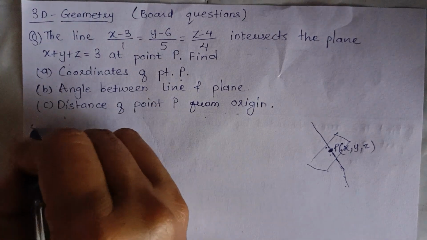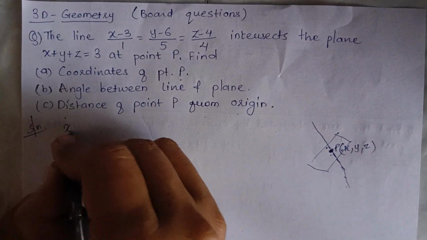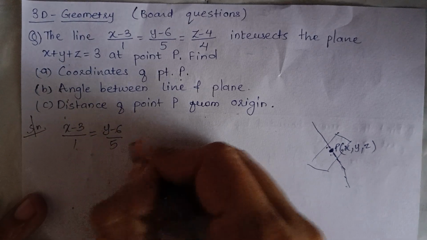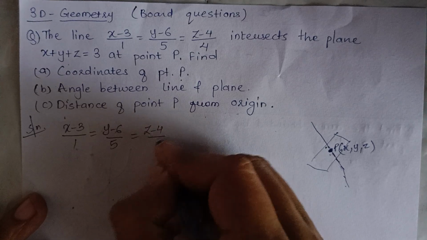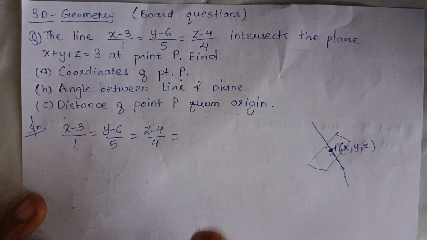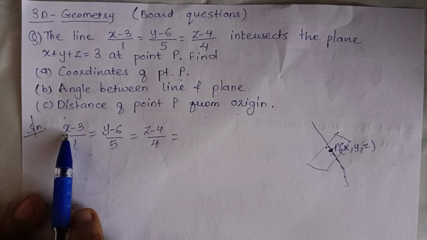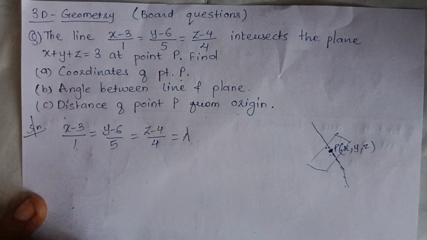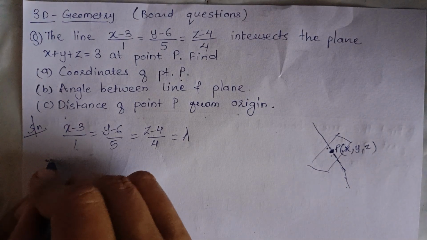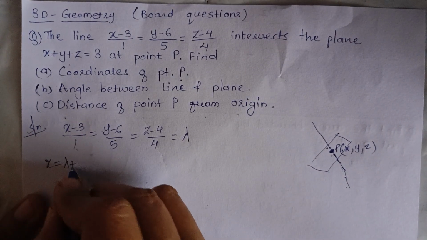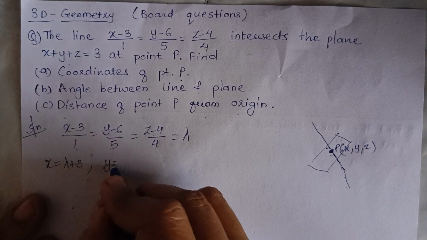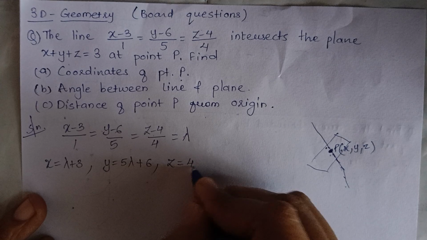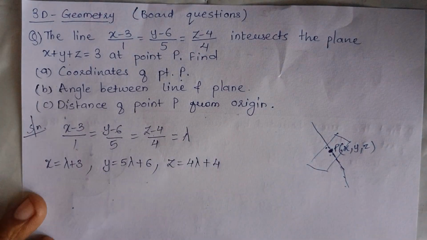Let's write (x minus 3)/1, (y minus 6)/5, (z minus 4)/4. So a point on this line will be x, y, z, right? So we can equate this to some lambda. We get x equals lambda plus 3, y equals 5 lambda plus 6, and z equals 4 lambda plus 4.